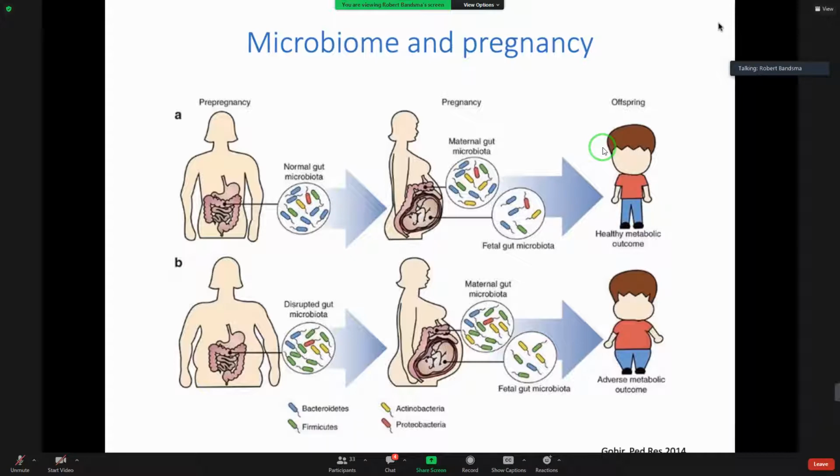And there are various ways that can be done, through exposure to the microbiome in the stool and potentially also through the microbiome in breast milk. And if you have a healthy microbiome, it might lead to a healthy offspring. And again, if the mother doesn't have a healthy microbiome, that can also affect the offspring in a negative way and potentially lead to, in this case, obesity, as depicted here in this paper.